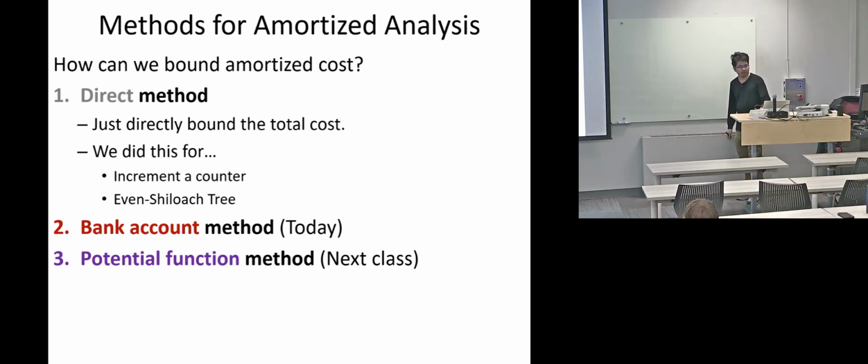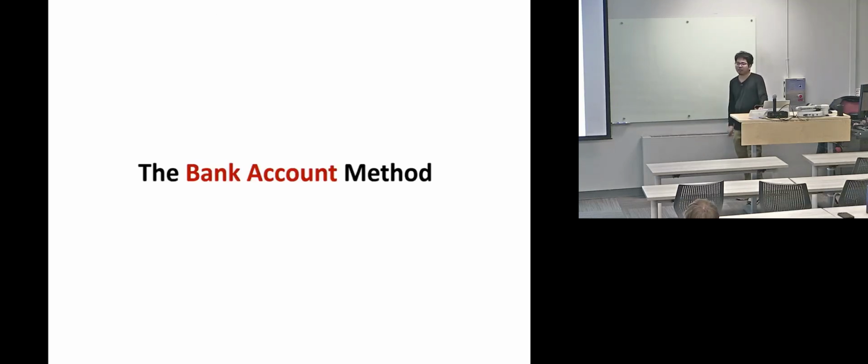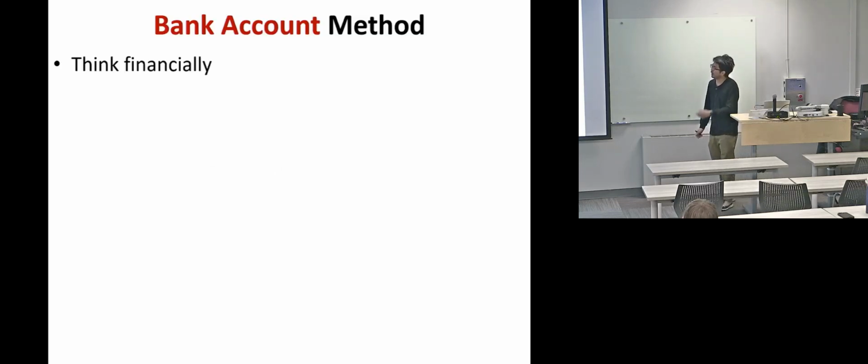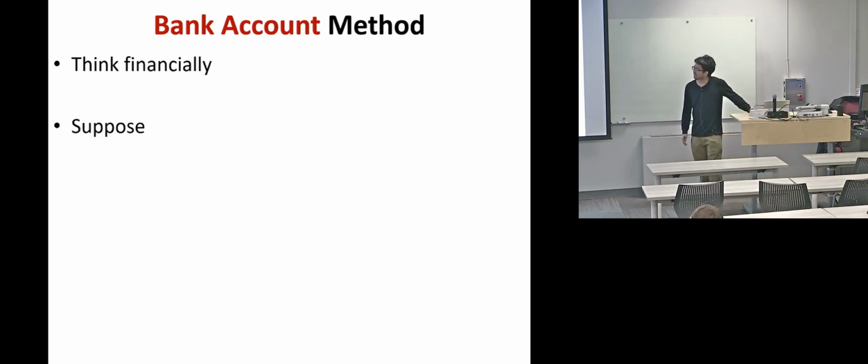Let me tell you what the bank account method is. It's really a way of thinking, a trick for how to think about this. The idea is to think financially. We have a good intuition about money, and we will exploit that.